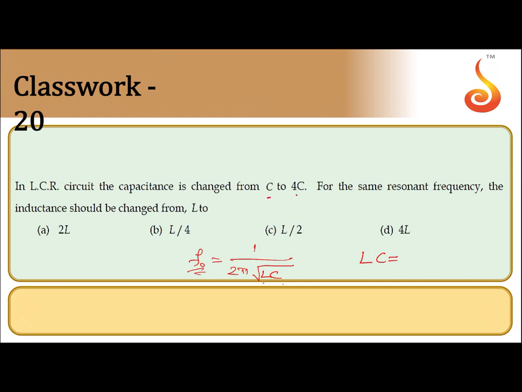C is changed to 4C. Let the new inductance be L dash. Now clearly you can say L dash is equal to L by 4. So it should be option B.